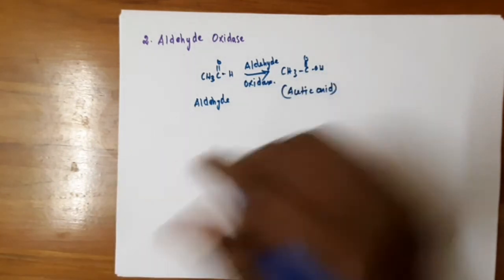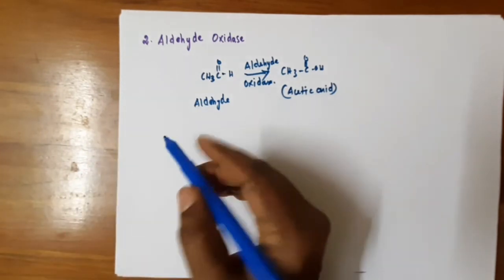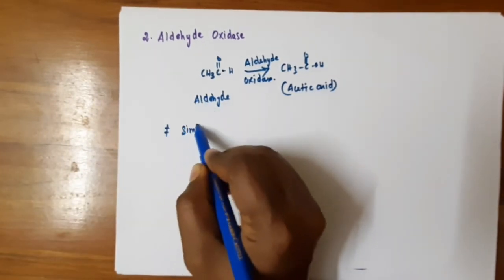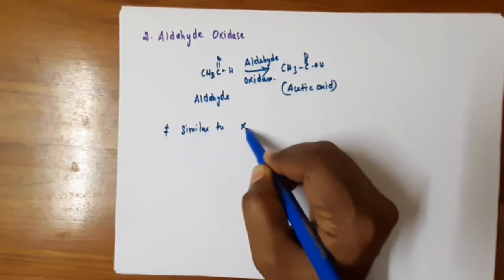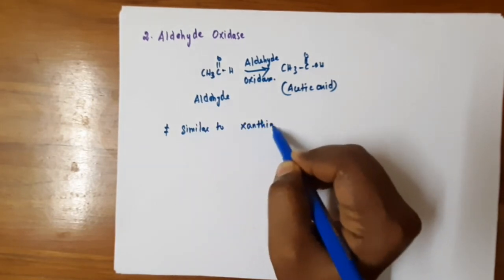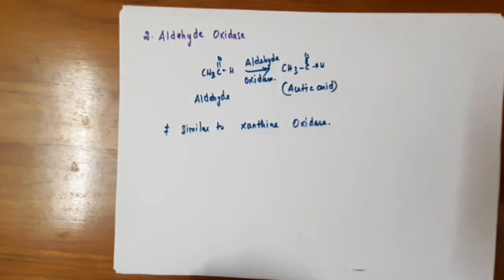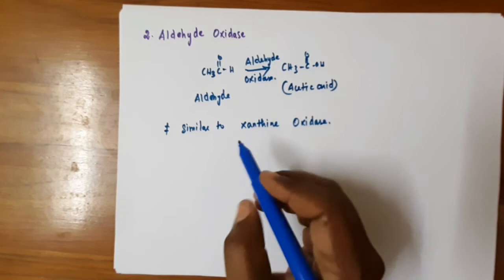And if you see the structure of this aldehyde oxidase, it is similar to the structure of xanthine oxidase, and is closely related to xanthine oxidase.